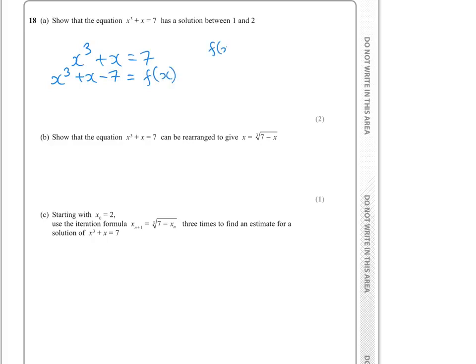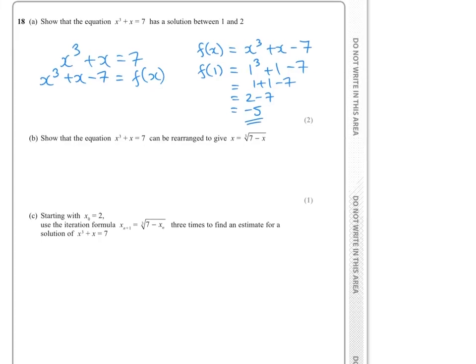So f of x is x cubed plus x minus 7. I will put in the value of 1, so I'll do f of the value 1, which is 1 cubed plus 1 minus 7, which is 1 plus 1 minus 7, which is negative 5.